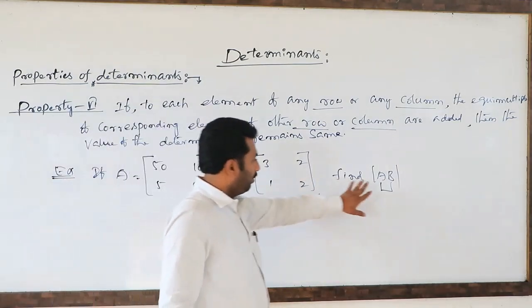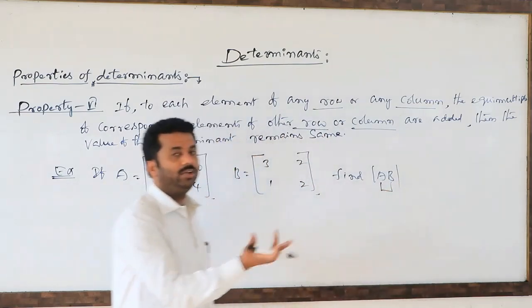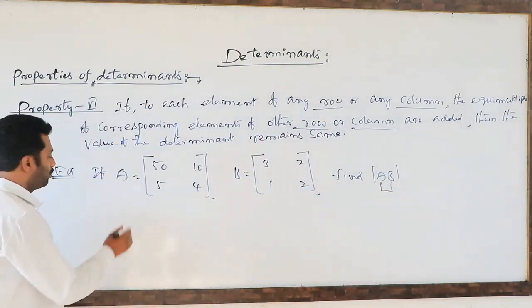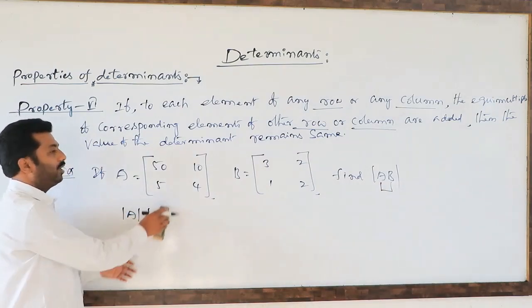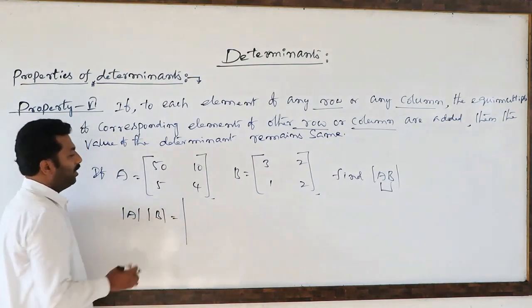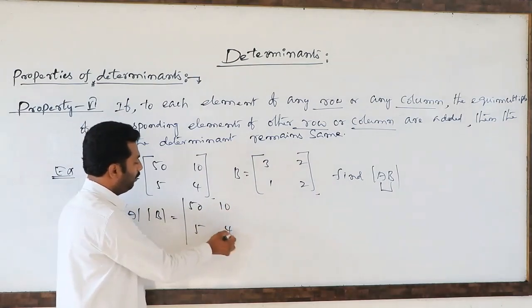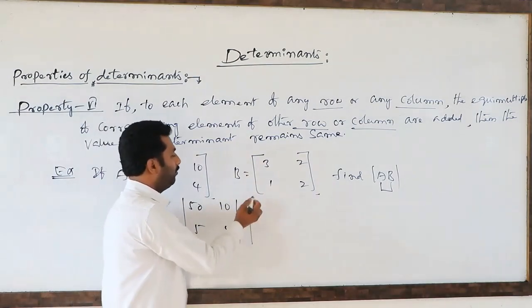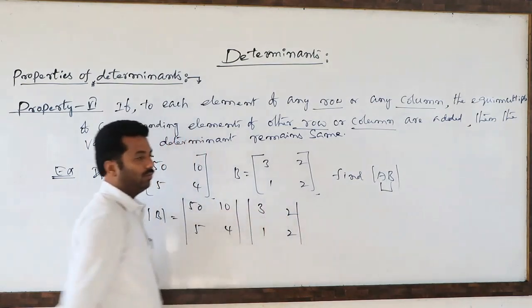Instead, the determinant of AB is nothing but determinant of A into determinant of B. Determinant of A is 15, 10, 5, 4 and determinant of B is 3, 2, 1, 2.